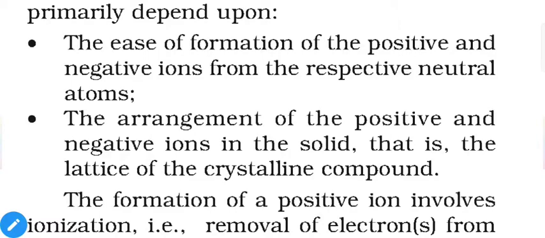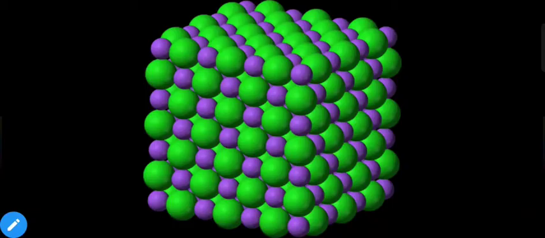Second point, the arrangement of positive and negative ions in the solid, that is the lattice of the crystalline compound. A lattice is the arrangement of the constituent particles of a given solid in a proper manner. Here is an example of a lattice. As we can see, we have two different types of atoms or ions in this structure.